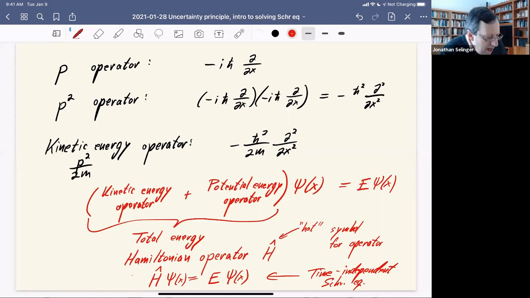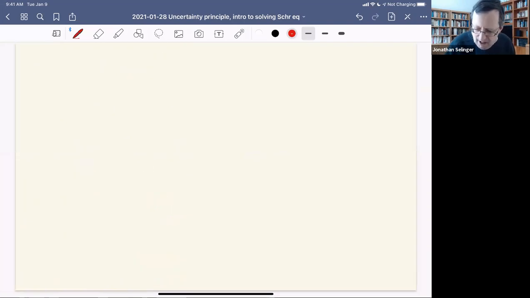Now, before I actually get into the first example, which I will do next week, I want to mention a couple things that Griffiths says that are kind of mathematical points. I'll try to give you the highlights of Griffiths' more mathematical points.